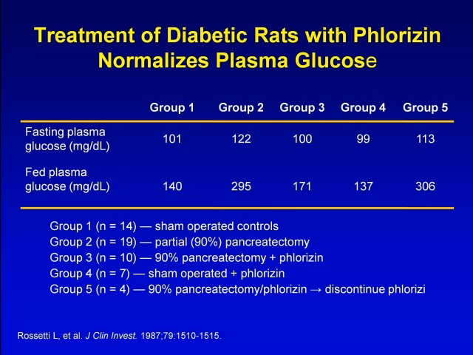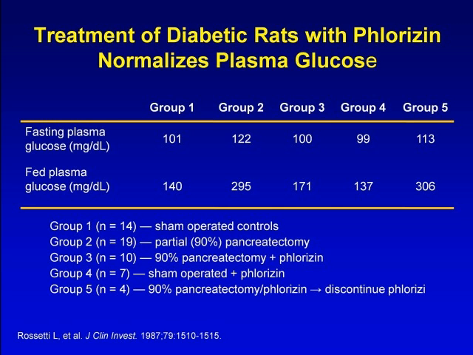Group 2 is a pancreatectomy, with 90% of the pancreas taken out. Group 3 is the pancreatectomy along with Phlorizin. Group 4 is the sham-operated rats with just Phlorizin, without the pancreatectomy. And Group 5 is the pancreatectomy rats after Phlorizin is discontinued.